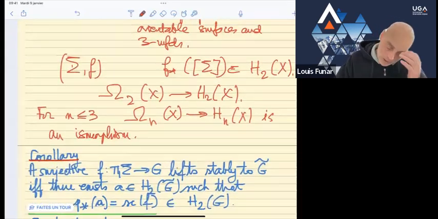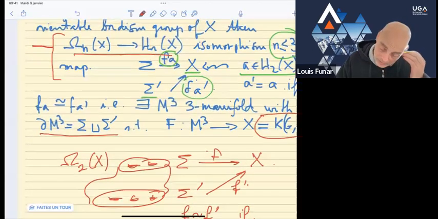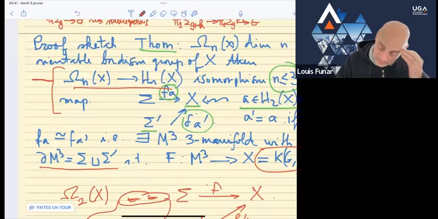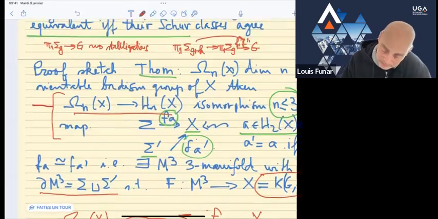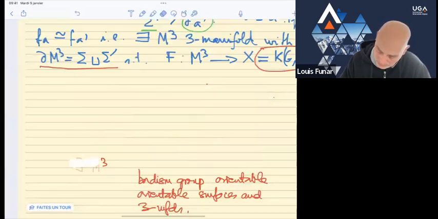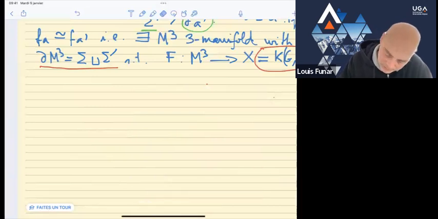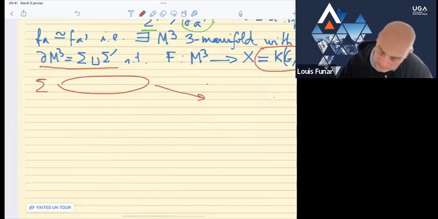Okay, so because of that, now I can give you a short outline of the proof. So here I'm taking my surface, sigma, into KG1.